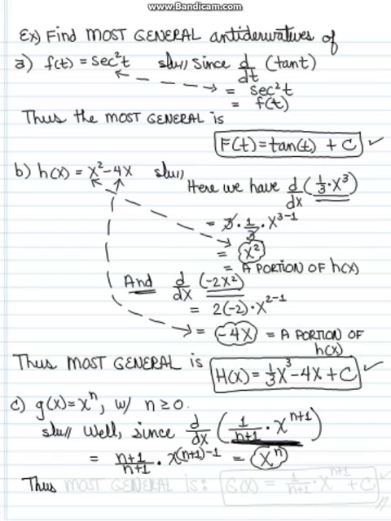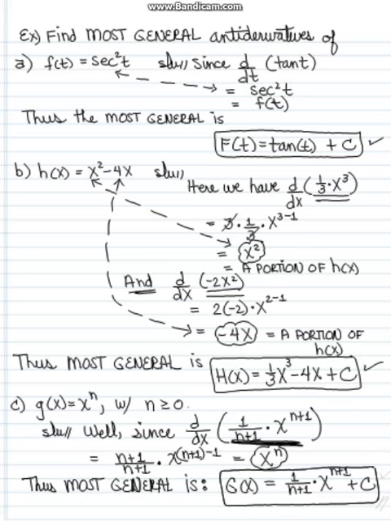So what I found here is the most general form of the antiderivative of little g of x is capital G of x equals 1 over n plus 1 times x to the n plus 1 plus c. And this formula is true for all exponents n greater than or equal to 0.